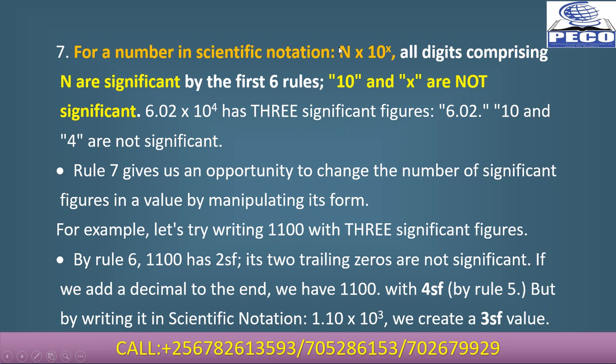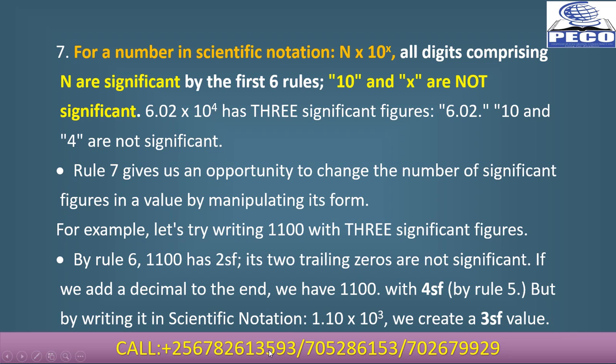This number here which comes before times 10 to the power x will be what? Significant. So these values all have significant value, and therefore this has 3 significant figures.